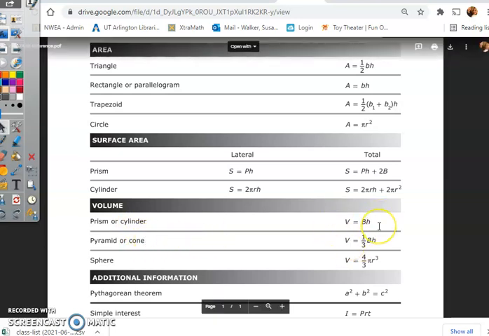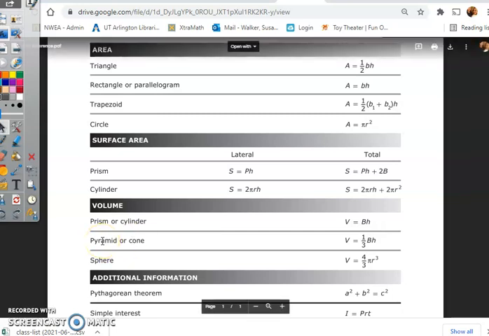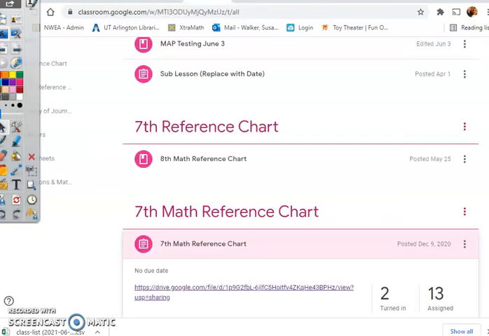The formula is the same: cylinder with prism, cone with pyramid. It's still big BH, it's just one that we use with a circle instead. So nothing tricky, but it will be a bonus because this is an 8th grade concept. So I hope you can get it correct, okay?